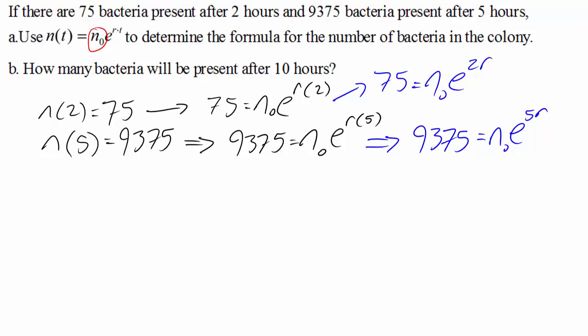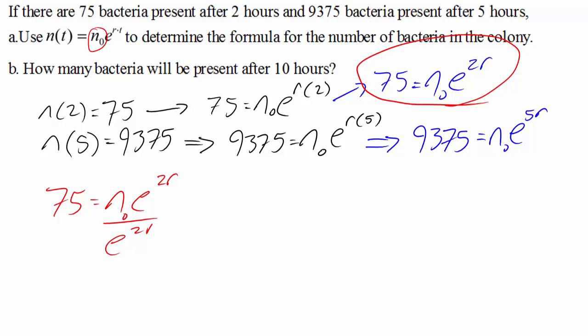So I'm going to look at this first one, 75 equals N sub 0 e to the 2r, and I'm going to solve this for N sub 0. Now, this won't give me anything directly, but it will allow me to make some progress when I substitute it into the other equation. So if I want to solve for N sub 0, that just means I'm going to divide e to the 2r out from both sides.